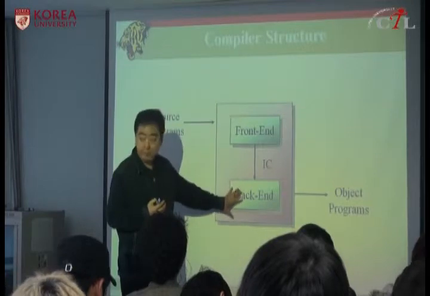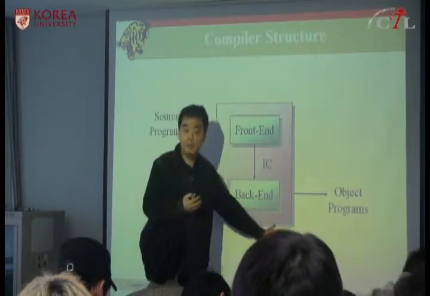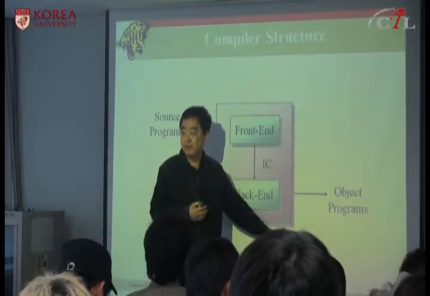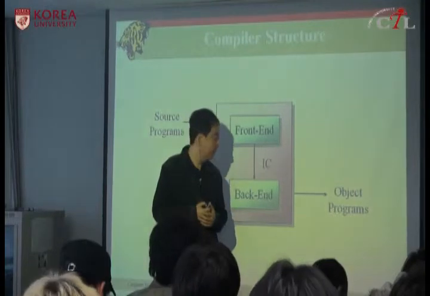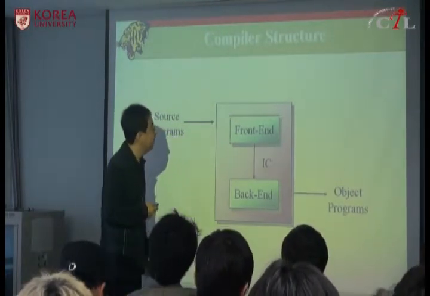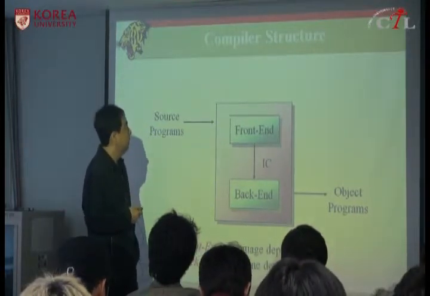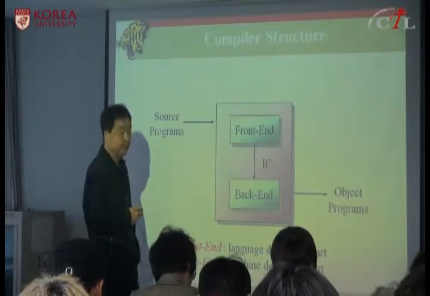You should use a different back-end optimization for IBM PC compared to PC. They use the x86 instruction set architecture, and they have different microarchitecture also. So front end is language dependent, back end is machine dependent. Okay?